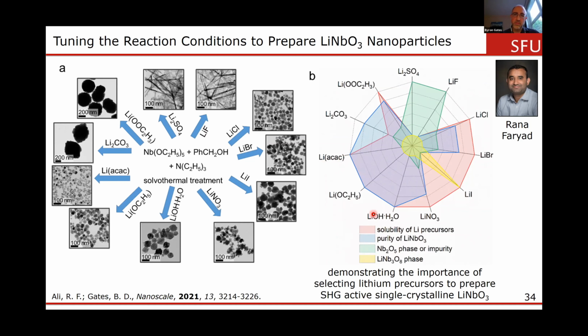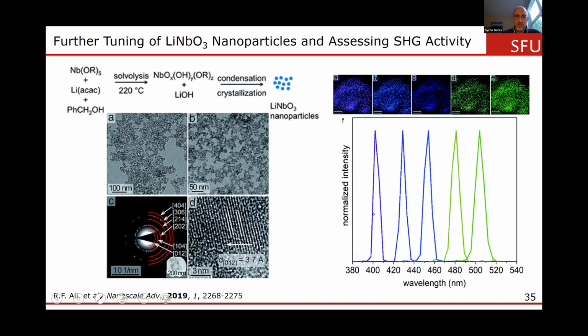These are some of the best reagents. And so a key thing is you need to have uniformity, size control and control over crystallinity. As one example, extending that, looking at the hydroxide precursor, starting with the ACAC, we form the hydroxide precursor.